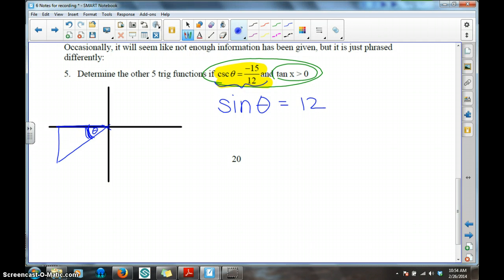Does anybody not know, first of all, why I chose sine, and second of all, where that came from? We're all good there? Okay, now I chose to switch to sine because I know sine is opposite over hypotenuse. So I'm going to take these 2 numbers, and where am I going to put them in my picture? On the opposite side. And on the hypotenuse, except now I have a problem.